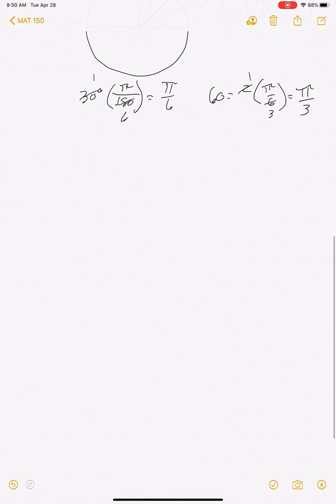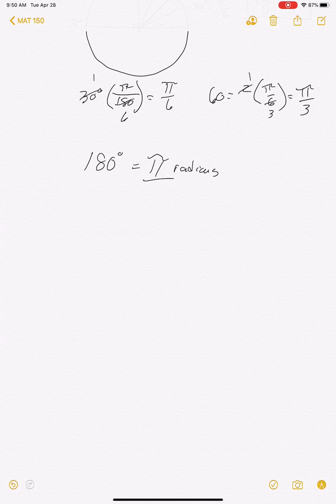Now, let's go back to this: 180 degrees equals pi radians. What if I needed to figure out how many degrees are in a radian? If I divide this side by pi, I get 1 radian equals 180 divided by pi.